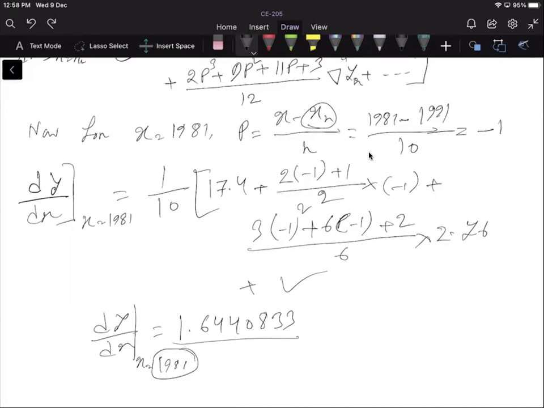So here is the simplified example, and you will find many similar examples for functions for given values. You are asked to find the first derivative or second derivative. Say you have the time versus population data and you are asked to find the growth rate. In that case, you need to know whether the population growth rate is the first derivative or second derivative.